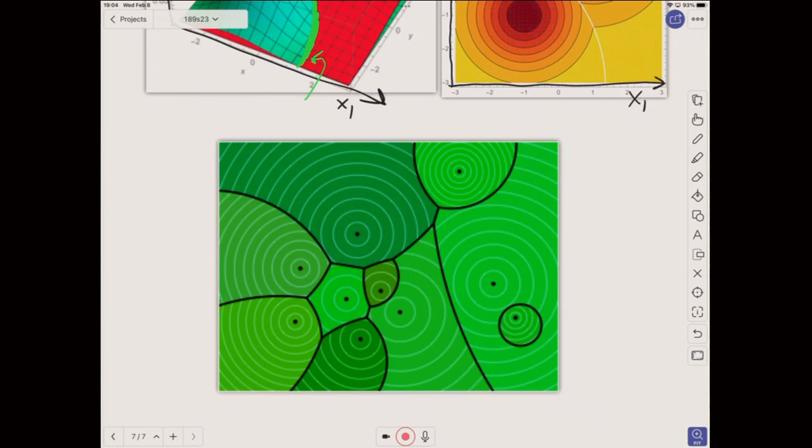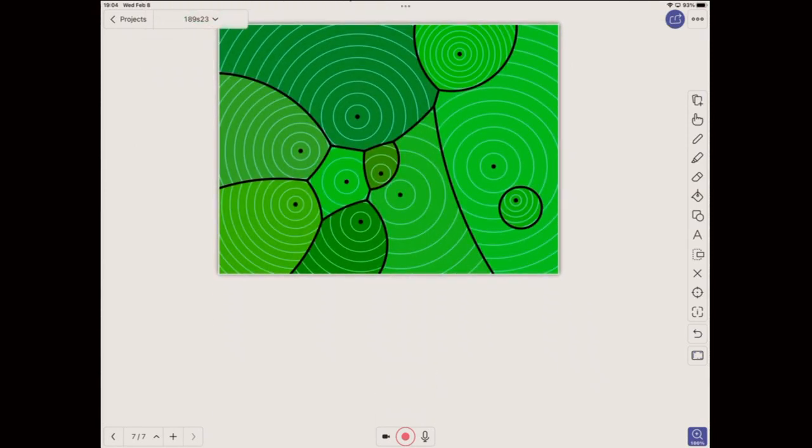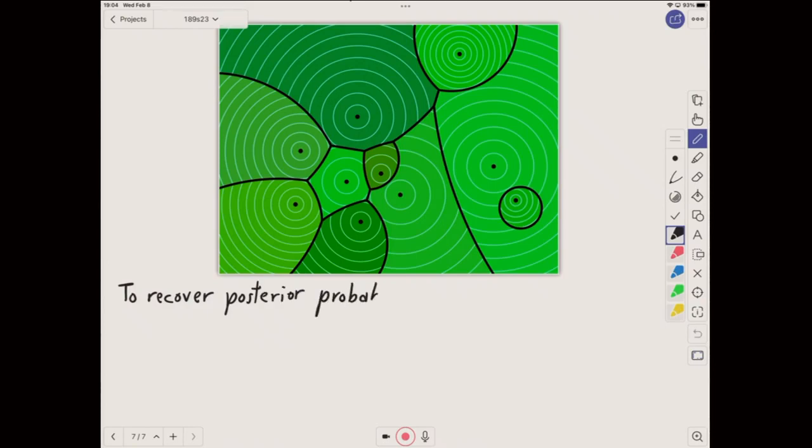Well, fortunately, this method makes it pretty easy to get the posterior probabilities. So let's take a look at how we can get those, what the simplest formulae are for them, and then let's look at some graphs so that we can get a feeling for what those posterior probabilities look like.